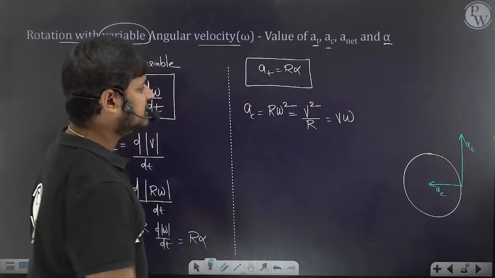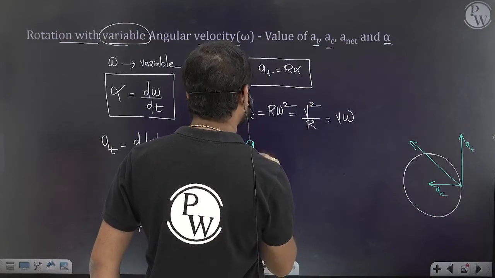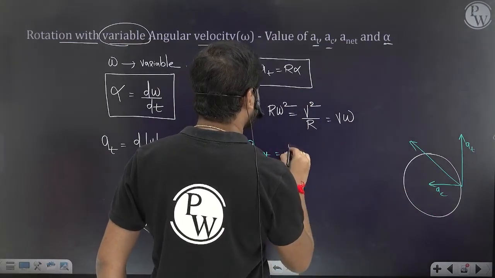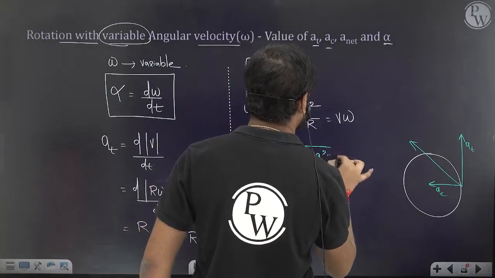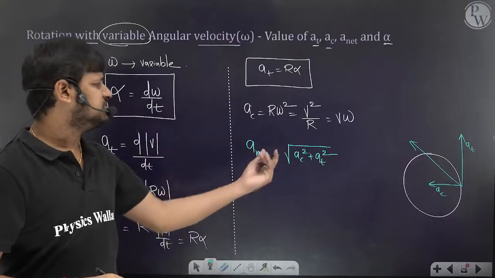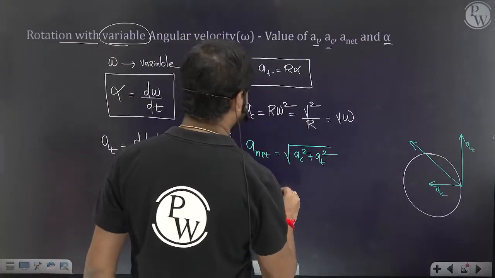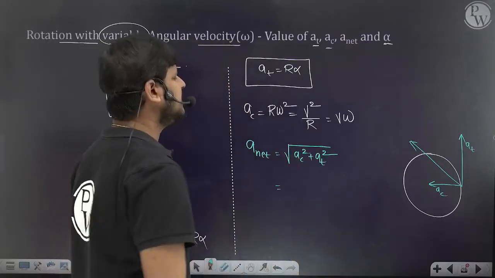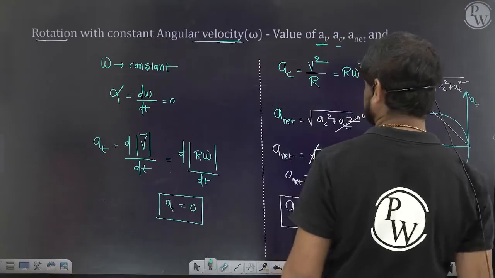Then a_net will be the resultant of these two. So a_net is equals to square root of a_c square plus a_t square. You can substitute any of these values, either r omega square, or r alpha, your wish. You can substitute any formulas. Okay, clear guys? Done.